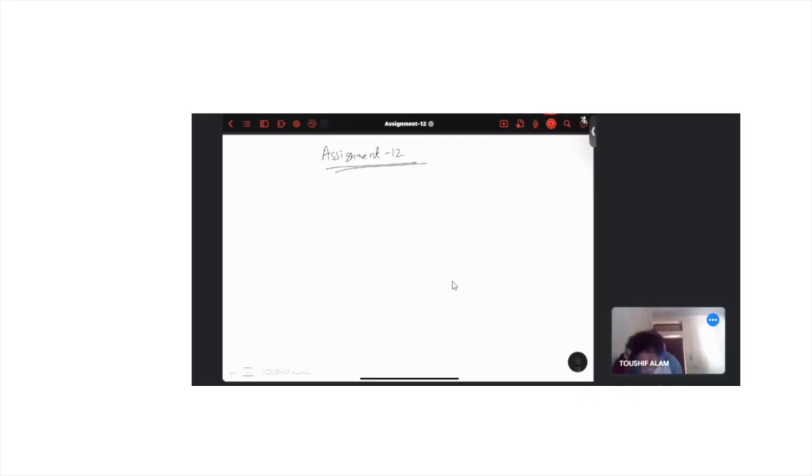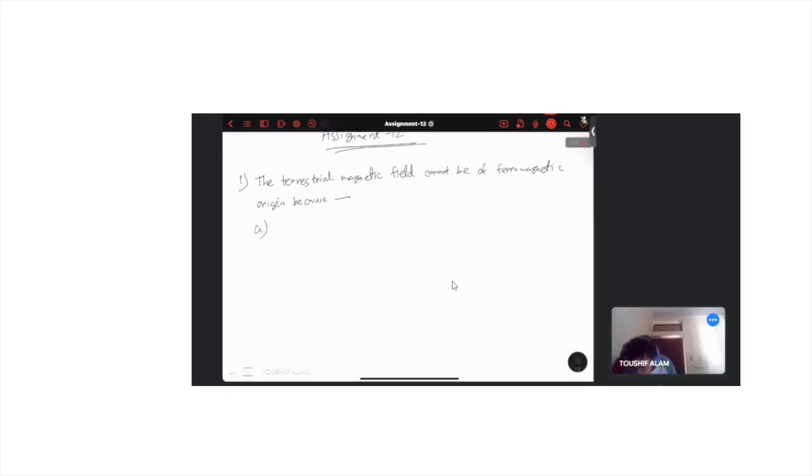Okay, so the first question goes as: the terrestrial magnetic field cannot be of ferromagnetic origin because Earth's rotation is too weak to sustain a ferromagnetic field.